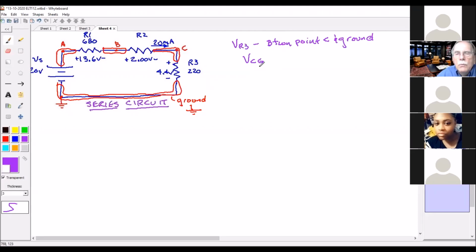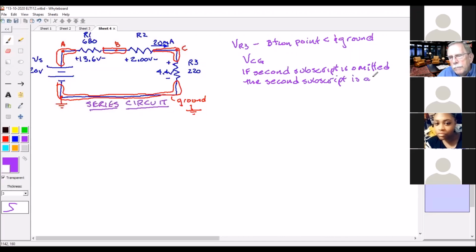So rather than do that, what they do is if the second subscript is omitted, the second subscript is assumed to be ground.